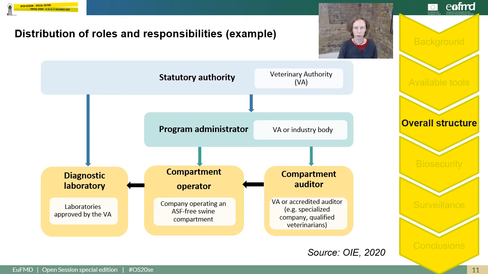This is a great opportunity to involve the swine industry representative bodies. The compartment operator is the company which operates the compartment and implements the risk management plan that has been validated by the authority. Other key stakeholders to consider are the diagnostic laboratories and accredited auditors.